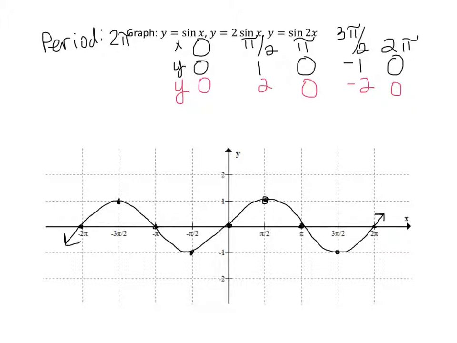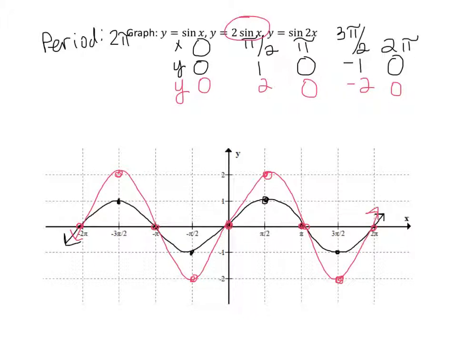So now, when I graph 2 sine of x, it looks like this. And if I move backwards, it looks like that.